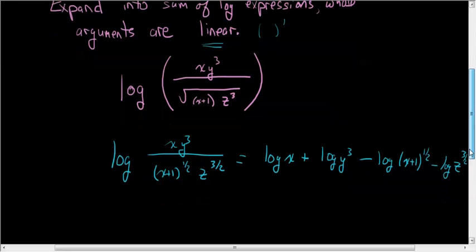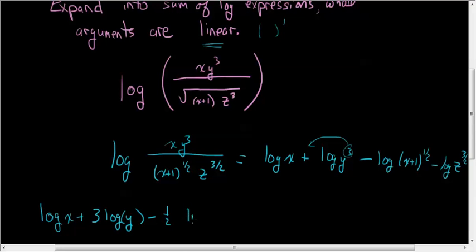But what we see here is that it asks for the arguments to be linear. So the first one's linear, the log of x. But how do we make y cubed linear? We take this 3 and move it out front. So it becomes 3 times the log of y, and then the 1/2 comes out front, minus 1/2 the log of x plus 1, and then minus 3/2 the log of z.